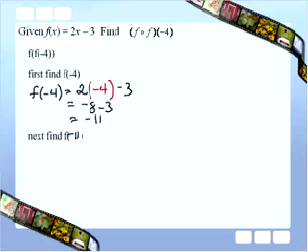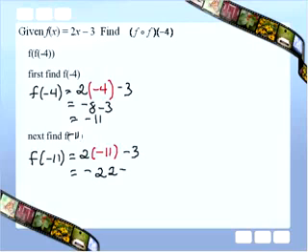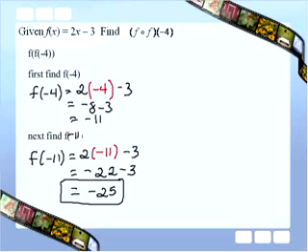So substituting the negative 11 back into function f, I will have 2 times negative 11 minus 3. So that will give me 2 times negative 11 is a negative 22, minus 3 gives me negative 25. So my final answer is negative 25. And that ends this session on function operations part 2.